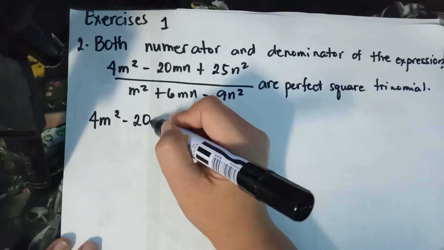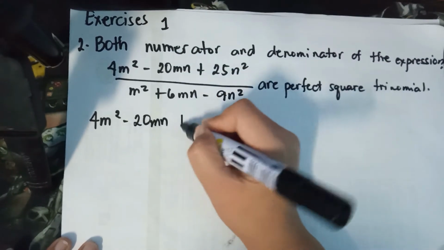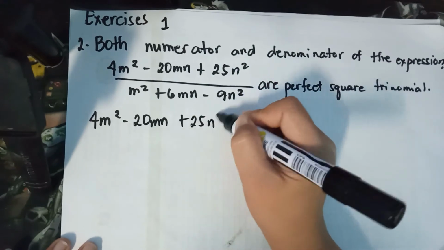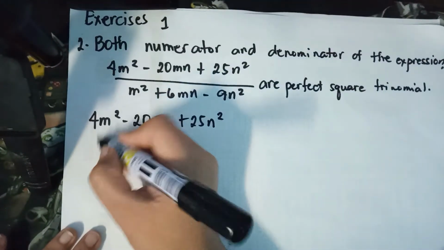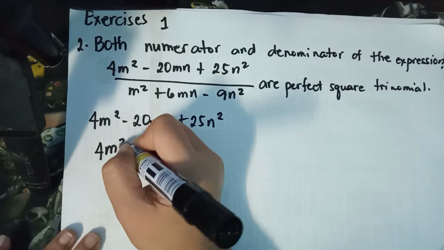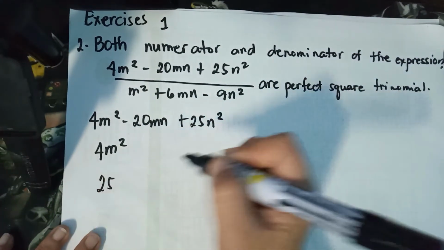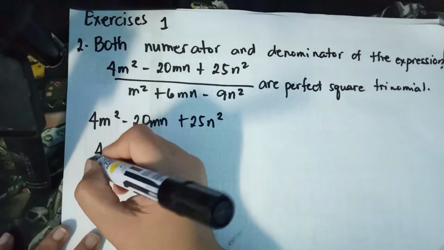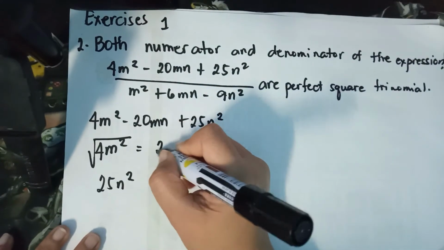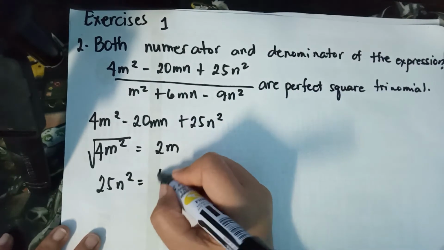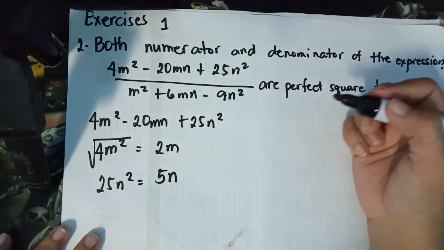4m squared minus 20mn plus 25n squared. Get the square root of 4m squared, and the square root of 25n squared. We have 2m and 5n.